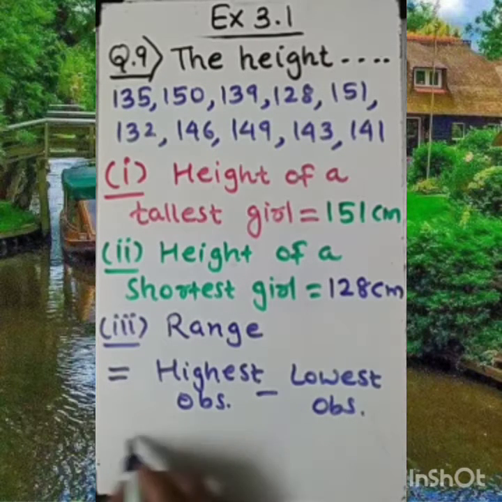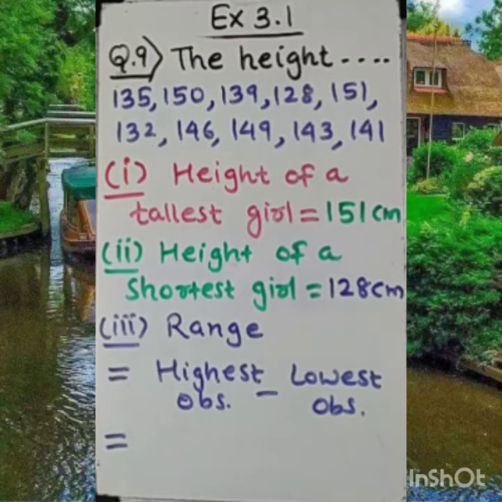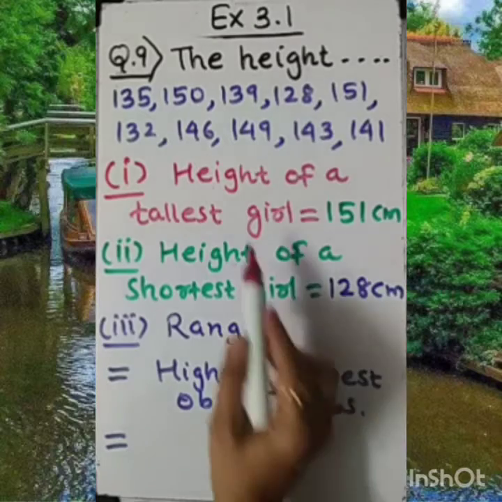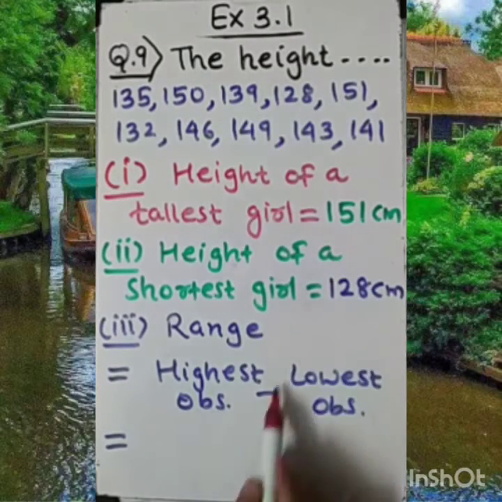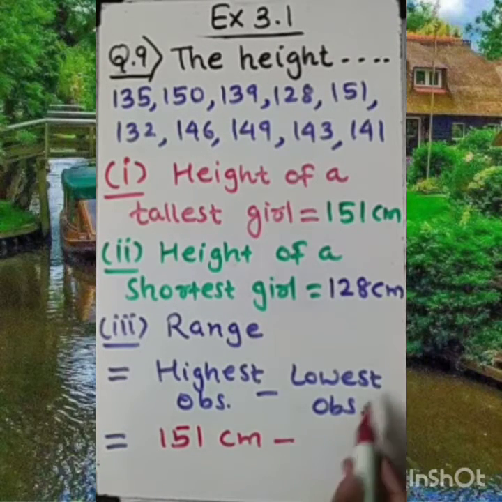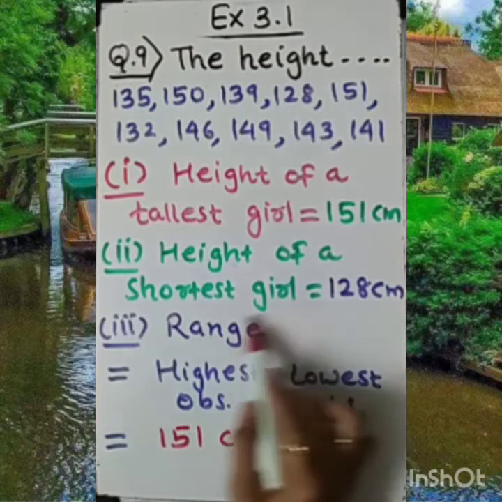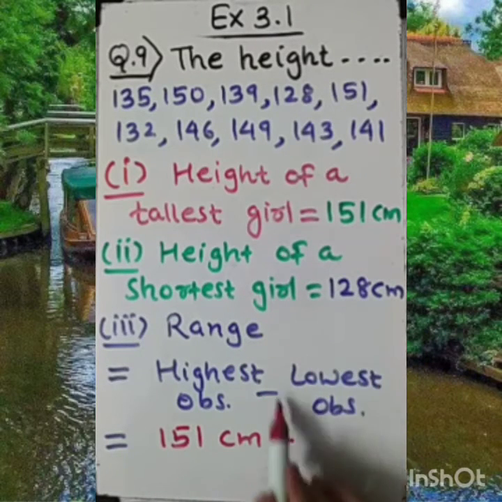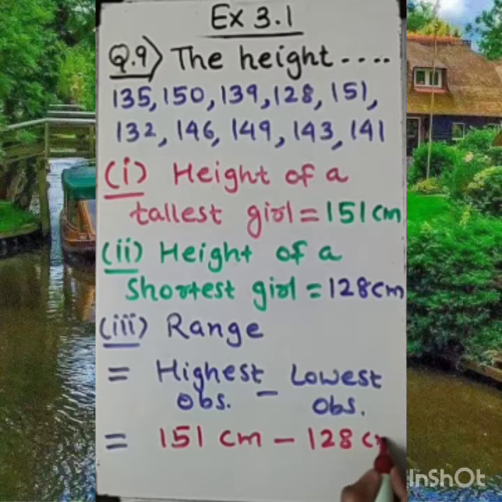Now, according to this question, we have already found the height of the tallest girl and the shortest girl. Height of the tallest girl will be considered as the highest observation, which is 151 centimeter, and the height of the shortest girl will be considered as the lowest observation, that is 128 centimeter.